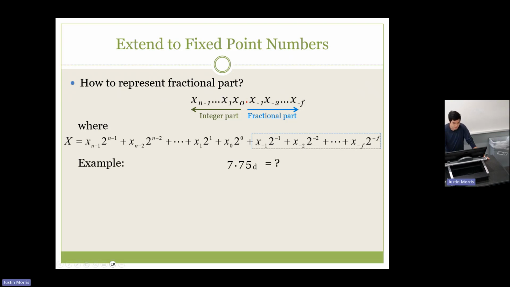So if we wanted 7.75, we can split this up into 2 different problems, right? I need to represent 7, put a decimal point, and then represent 0.75. So 7 is easy. We've done this in the previous slide, right? It's 0, 1, 1, 1.